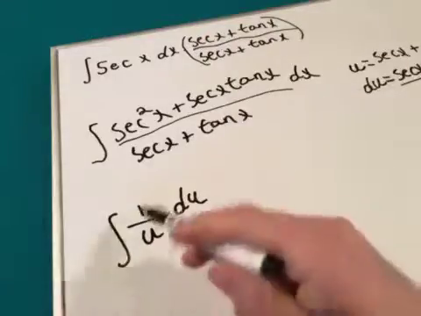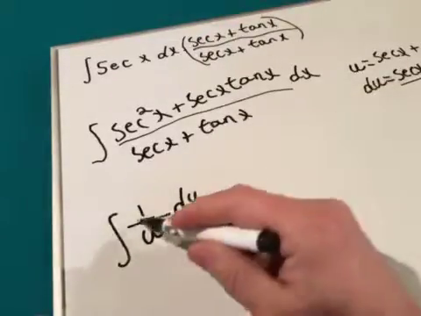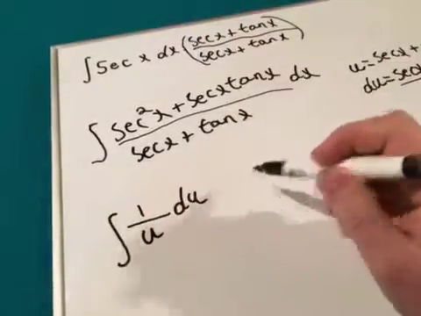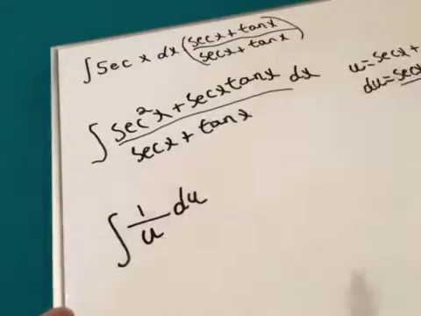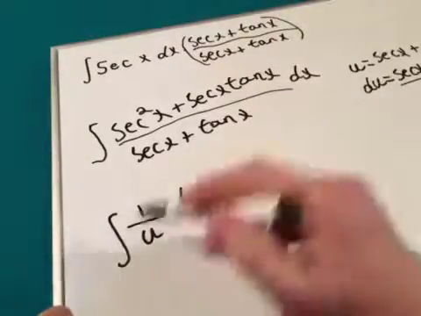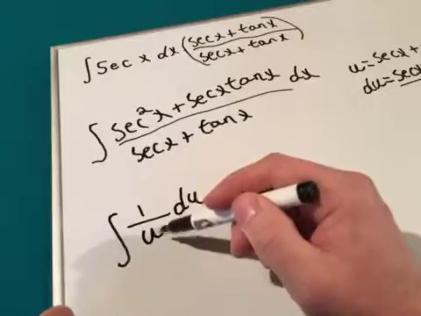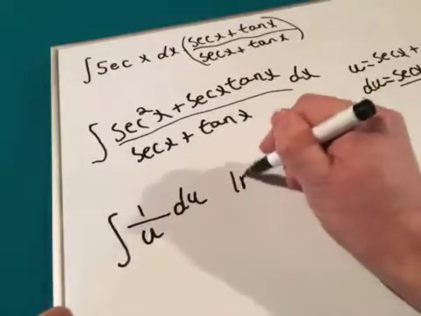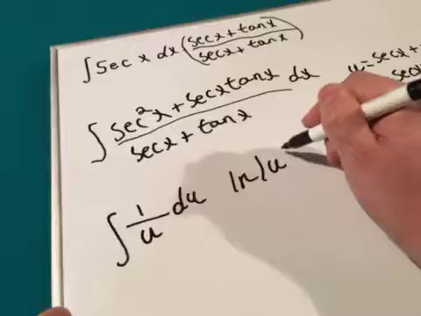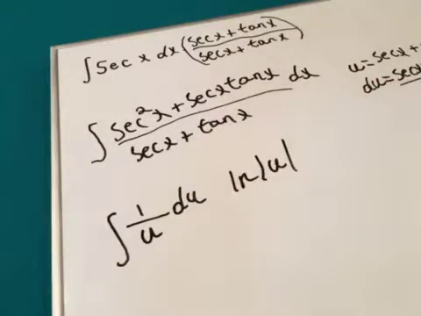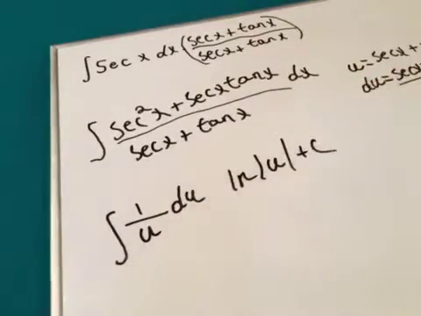Or 1 over u, same way. If you want to write this as du over u, that's fine. I like 1 over u because I see 1 over u, and I know that the integral of 1 over u is the natural log of the absolute value of u. Plus c, of course. Right?